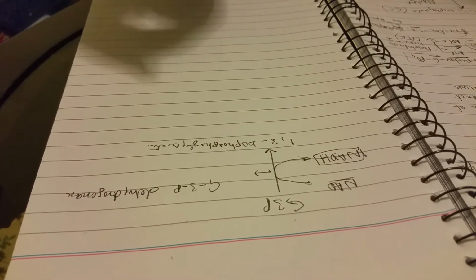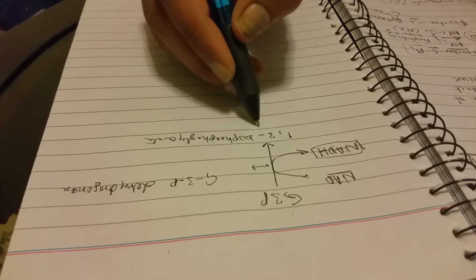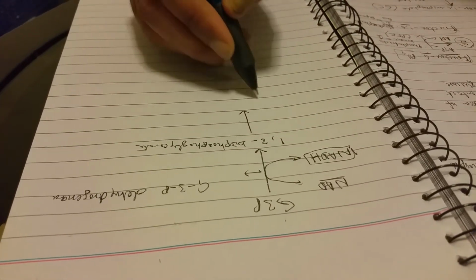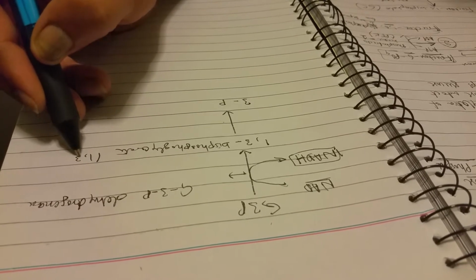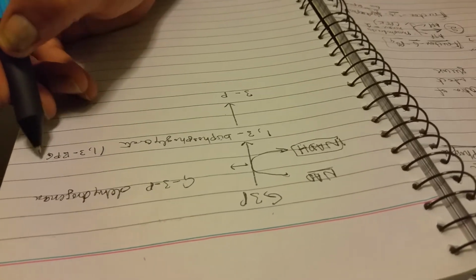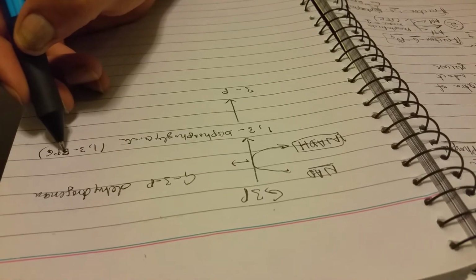Alright, and now this 1,3-bisphosphoglycerate is converted to 3-phosphoglycerate. We can say 1,3-BPG.